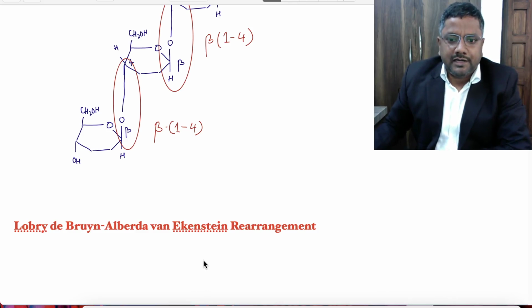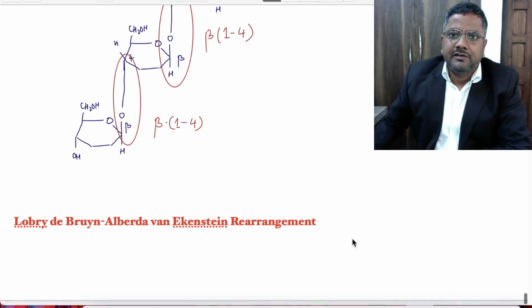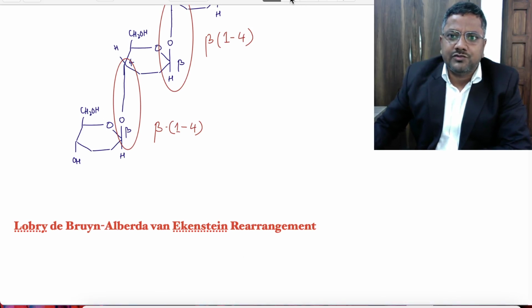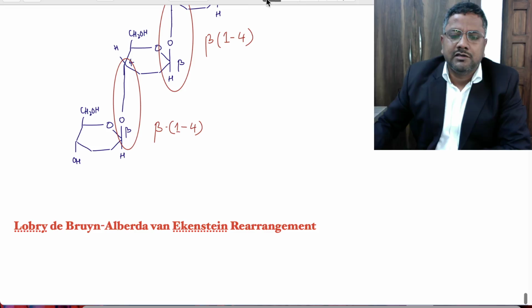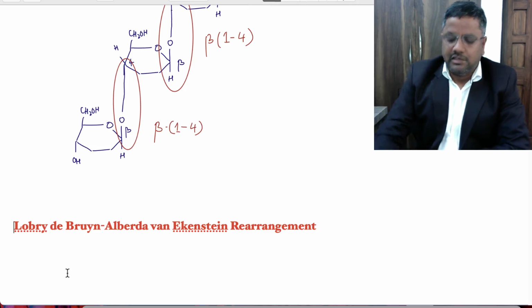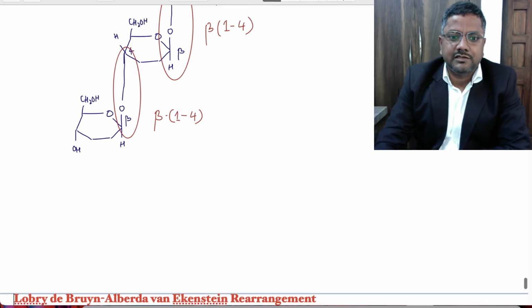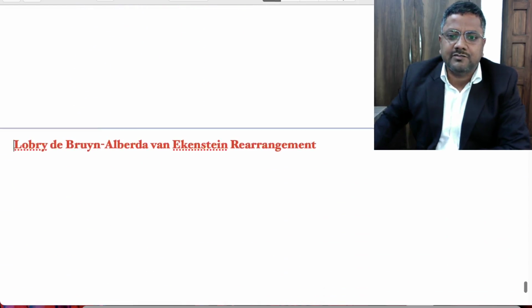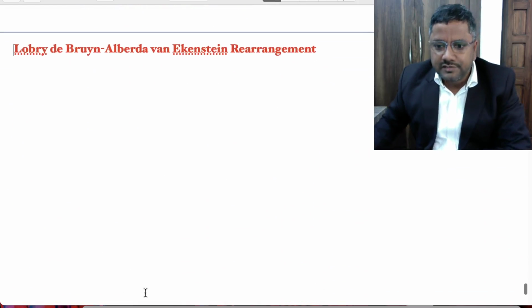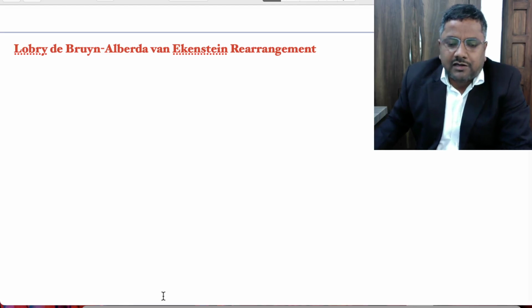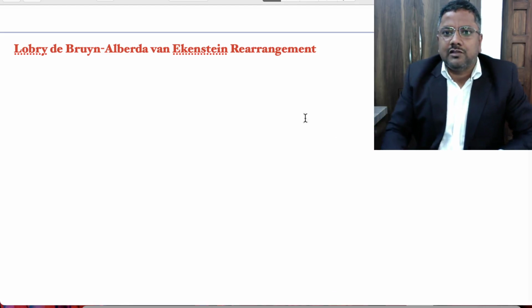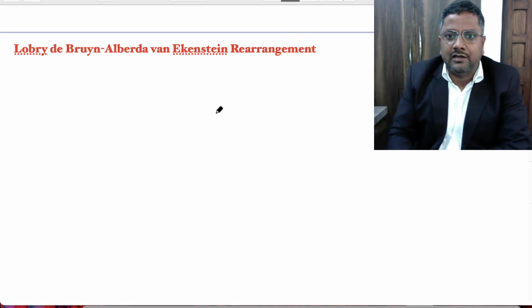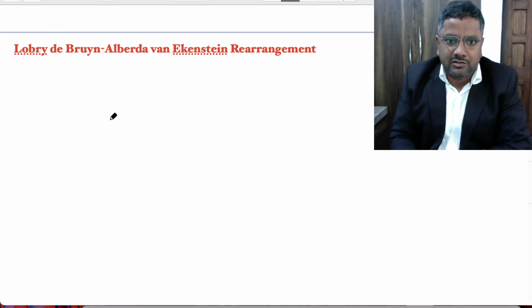See, if you see, ketohexoses like fructose also reduce Tollens and Fehling reagent. So how can this be explained, that Tollens and Fehling are reduced by ketohexoses, although there is no aldehyde group in fructose?